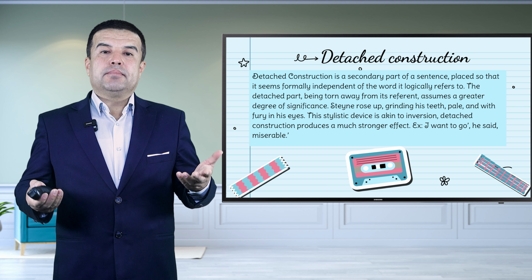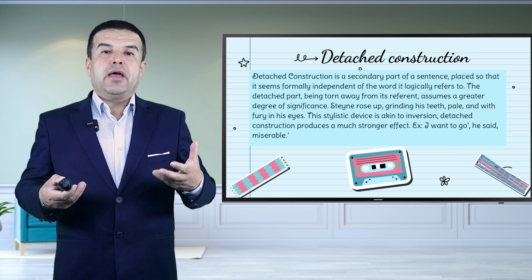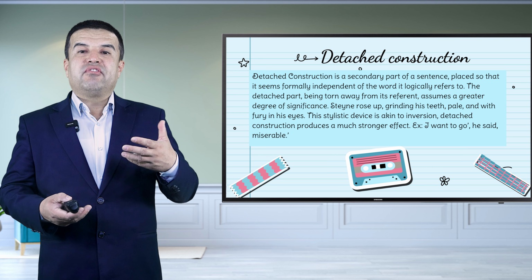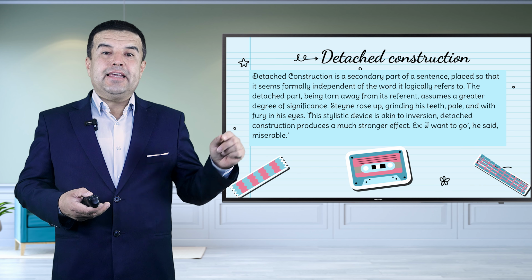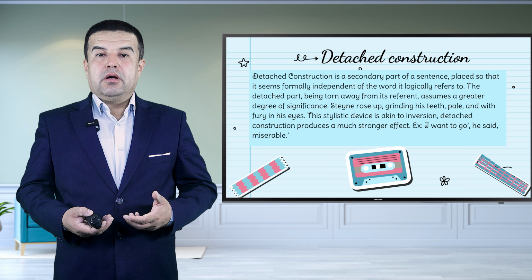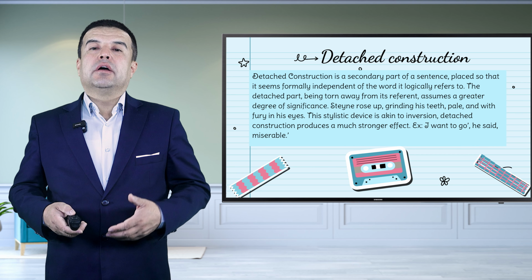For example: Stein rose up, grinding his teeth, pale with fury in his eyes. The stylistic device is akin to inversion. Detached constructions produce a much stronger effect. For example, I want to go, he said miserably.